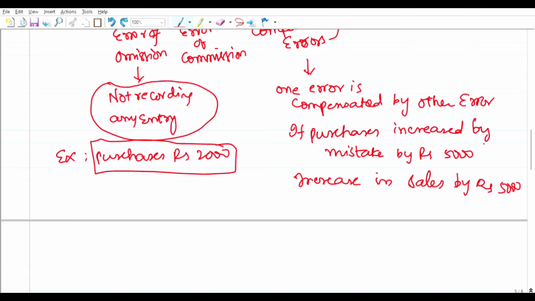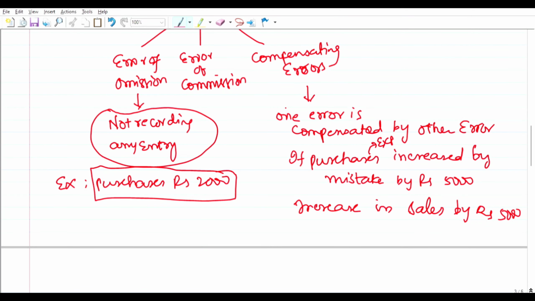If expenses are increased, purchases is nothing but expenditure. Expenses are increased by rupees 5000, then increase the income also by 5000, so that there will be no net effect. Net effect is nil, right? That means whenever an error is compensated by an error, it is nothing but compensating errors.